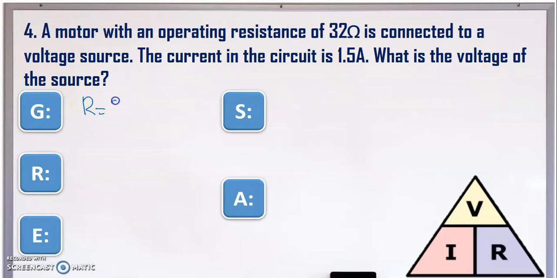The givens in this problem are R, which has a value of 32 ohms, and I, which has a value of 1.5 amperes.